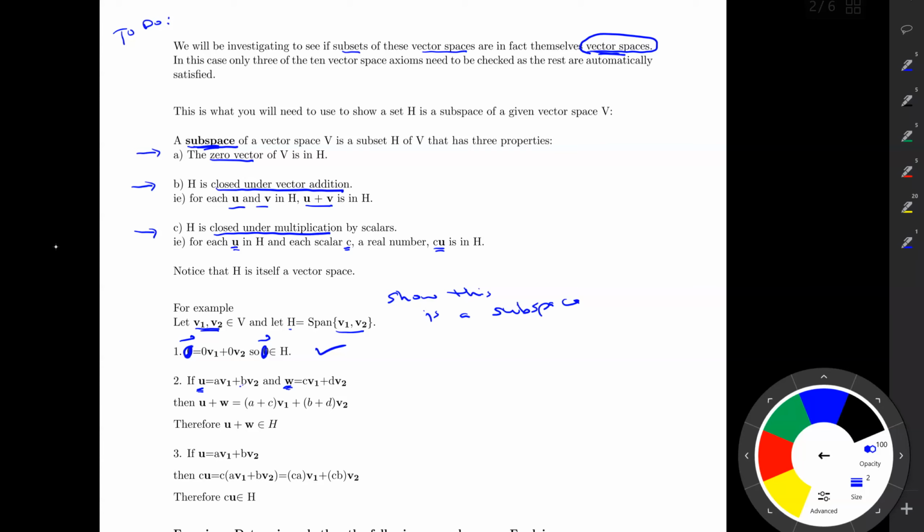So u and w are already in H. This little symbol just means in, right? If I take 2 vectors that are in H, if I add them together, do I stay in H? I do, right? Because I add these 2 together, put the number in front, add these 2 together, put the number in front. Yes. So it is closed under addition.